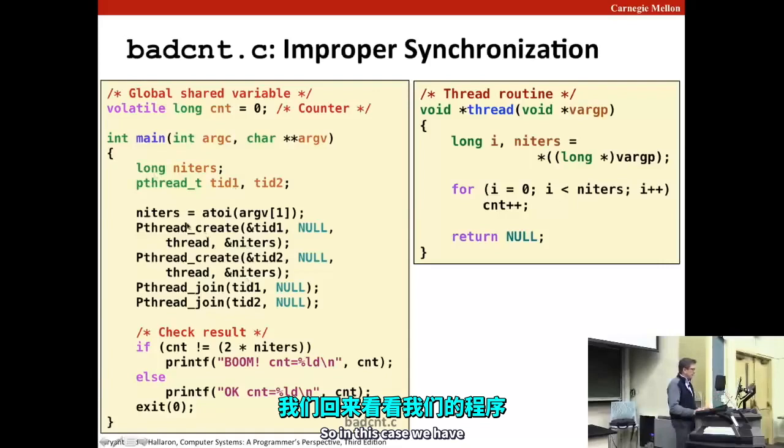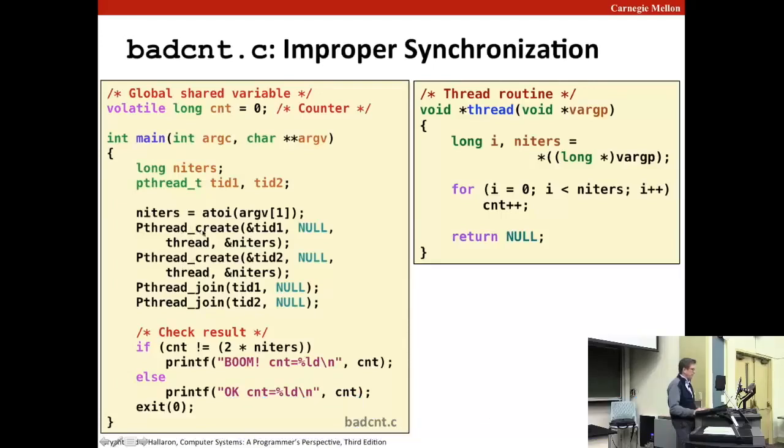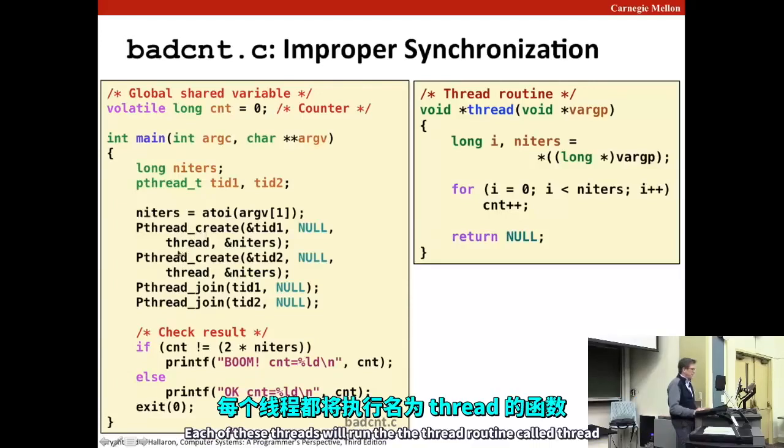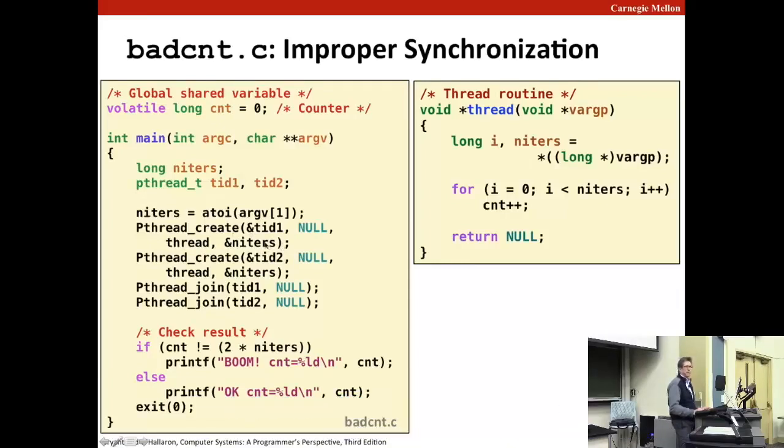In this case, we create two threads with two distinct calls to pthread_create. Each of these threads will run the thread routine called thread, and it will pass as an argument the address of the number of iterations that it should iterate.